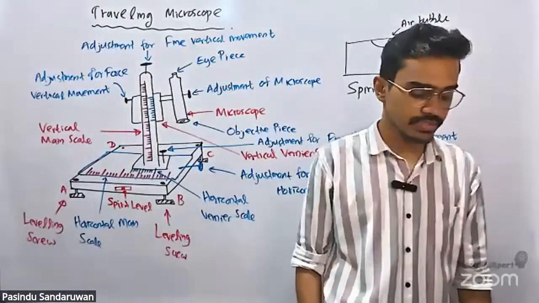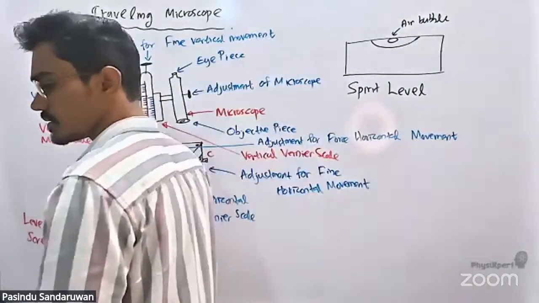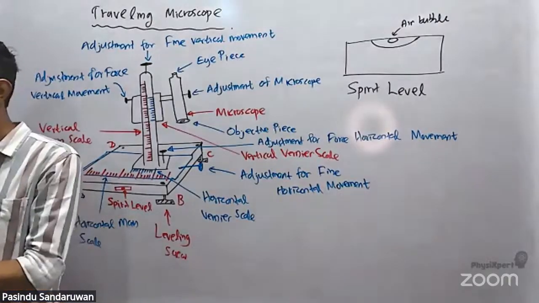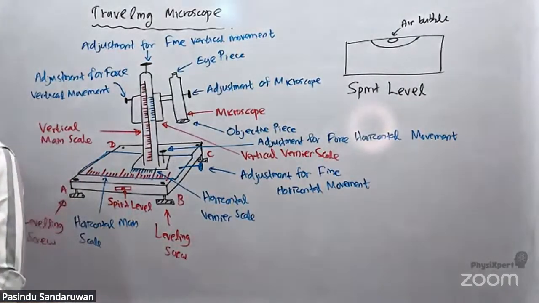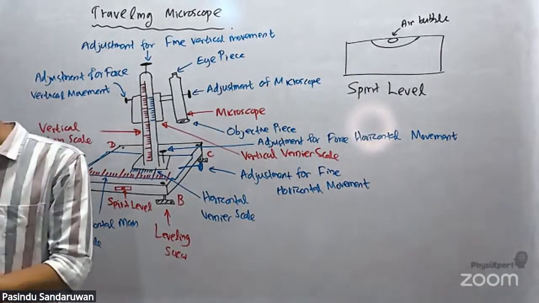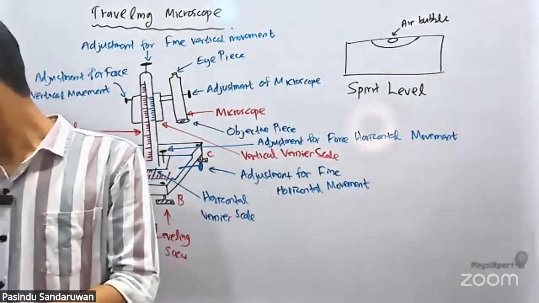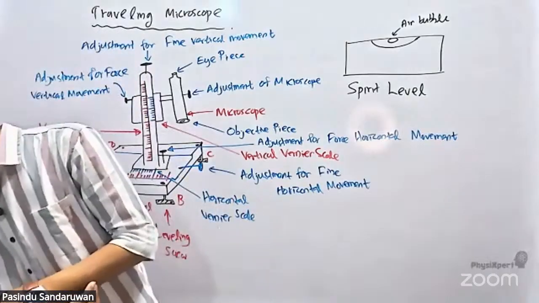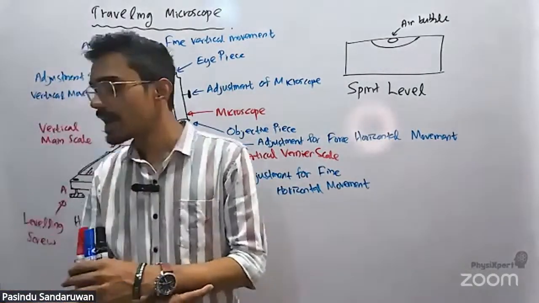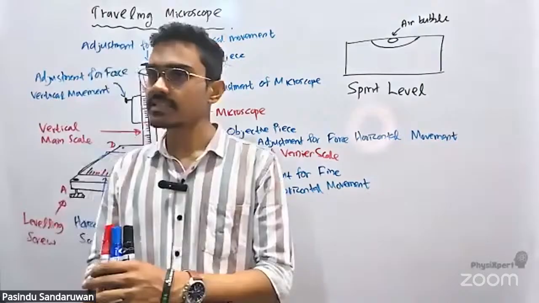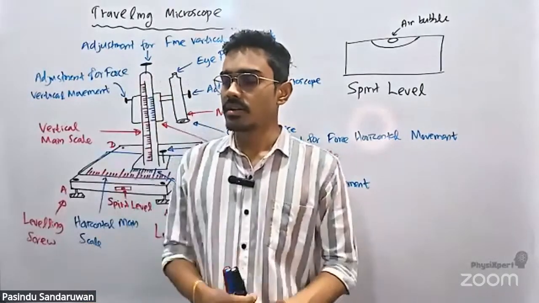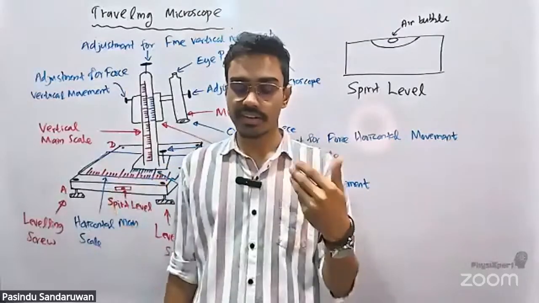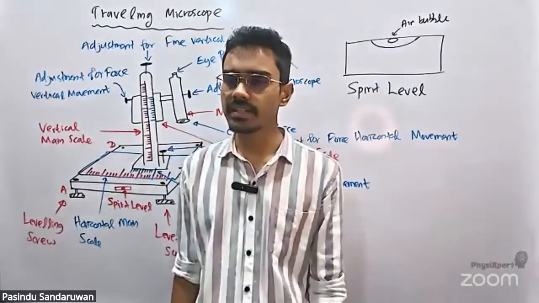Since there is a hand lens attached. A hand lens is attached in some traveling microscopes to see these readings, the divisions, in a clear manner, but not in all.